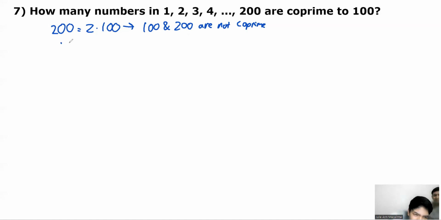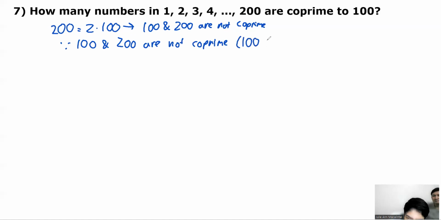So since 100 and 200 are not co-prime, meaning 100 is not co-prime to 200, they share common factors.